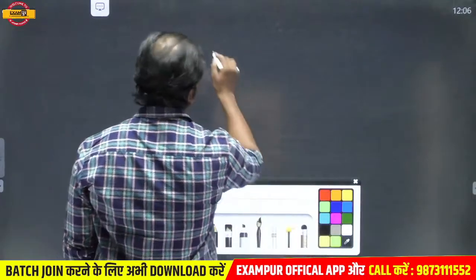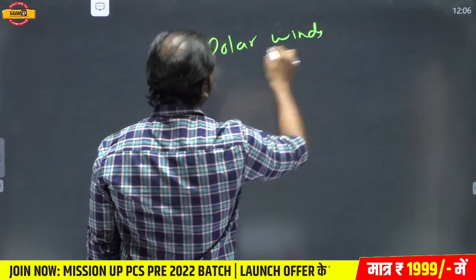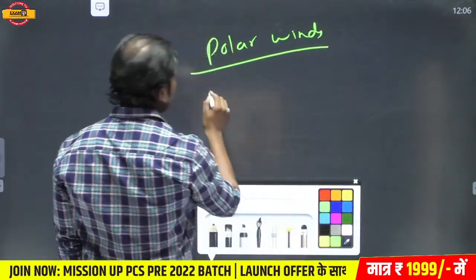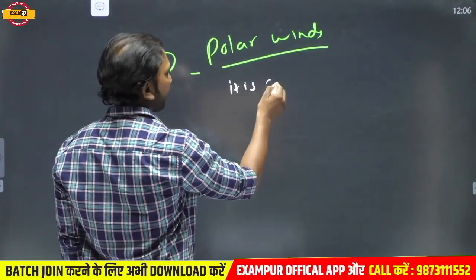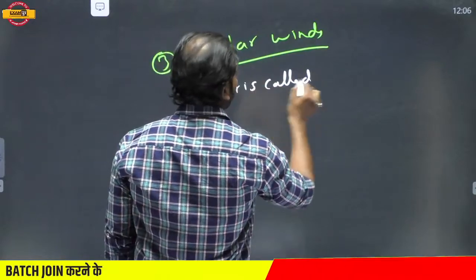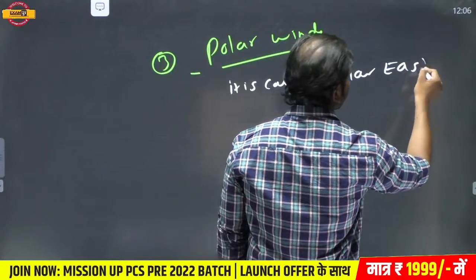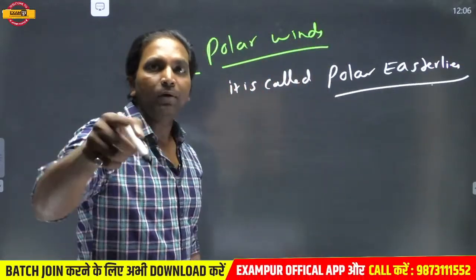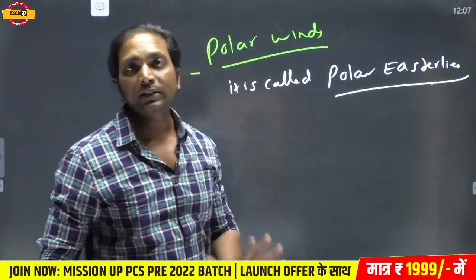Here is one more point about the polar winds, which was left in the permanent winds, the third one, polar winds. It is called polar easterlies. Trade winds are referred to as easterlies and the polar winds are referred to as polar easterlies.